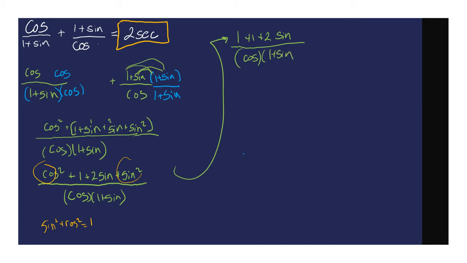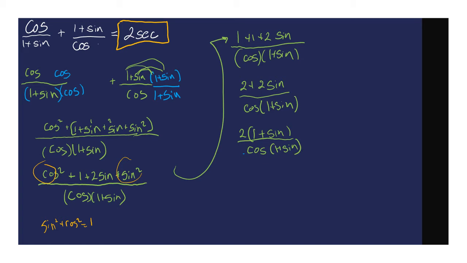Simplifying it a little bit more, we've got 2 plus 2 sine all over cosine times 1 plus sine. All right, let's see what else we could do. We could factor 2 out of each term in the numerator, giving us 2 times 1 plus sine all over cosine times 1 plus sine.